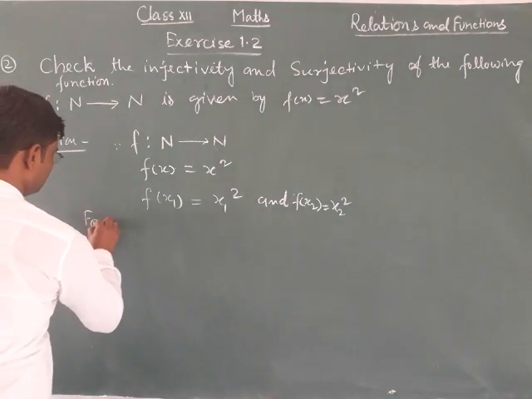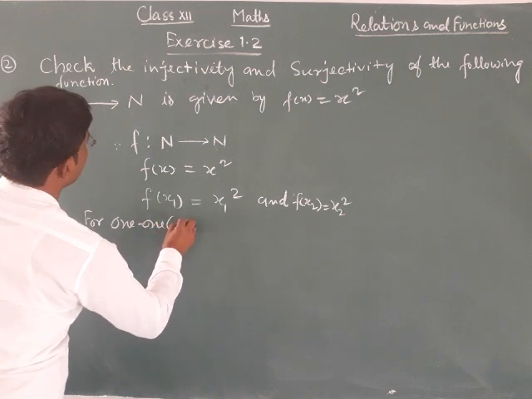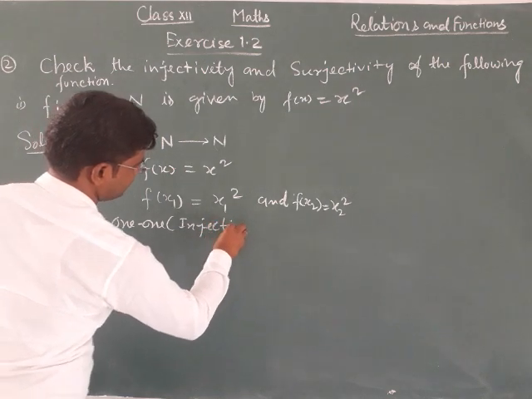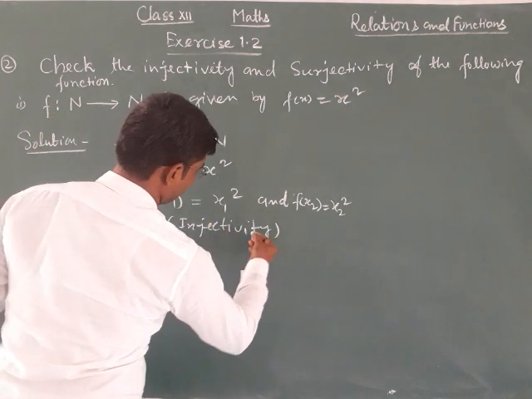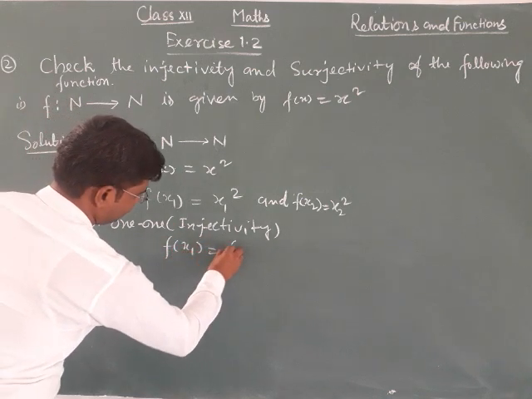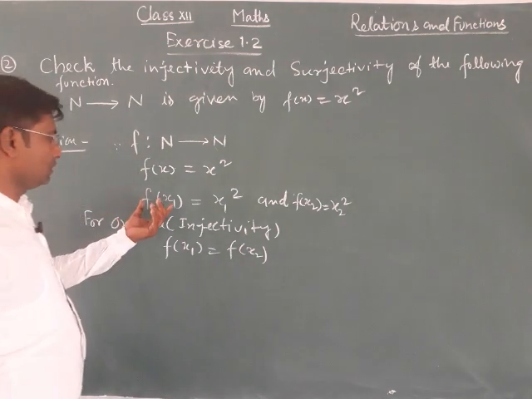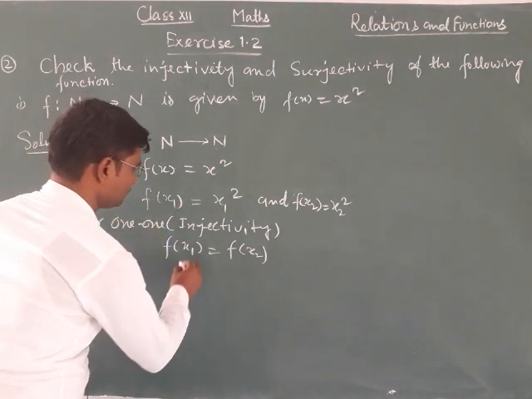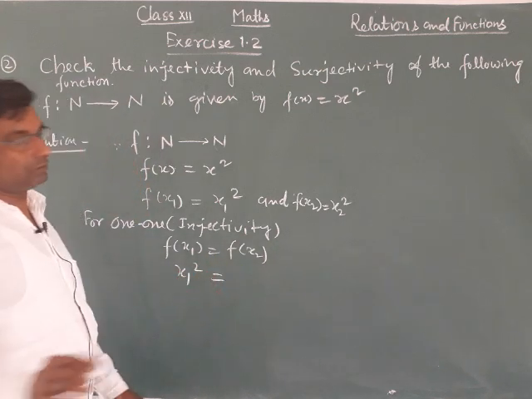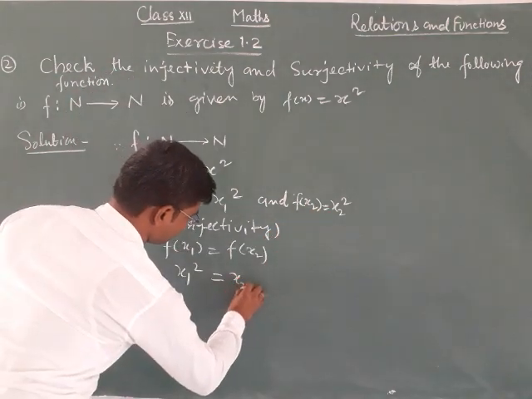For one-one, injectivity, f(x1) is equal to f(x2). So now put f(x1) here: x1 square is equal to x2 square, as f(x2) is equal to x2 square.